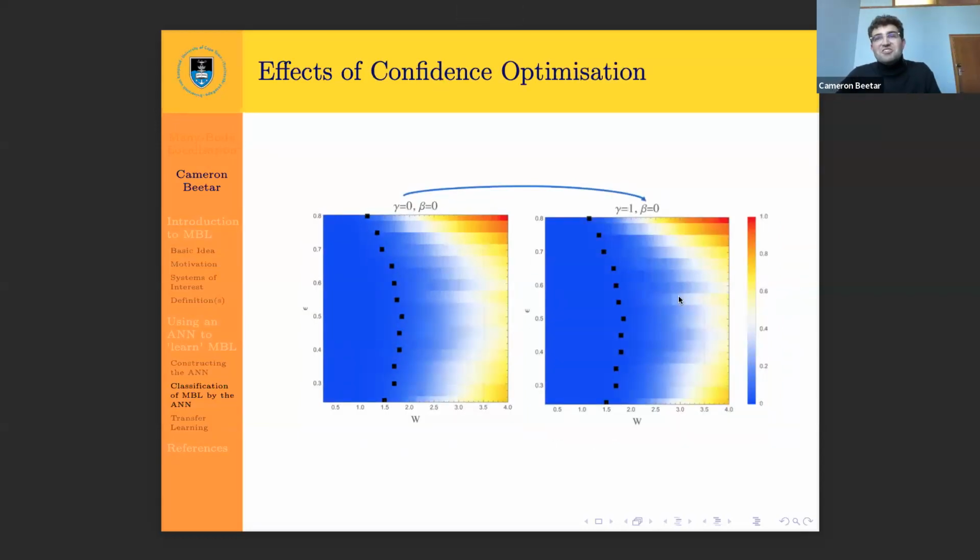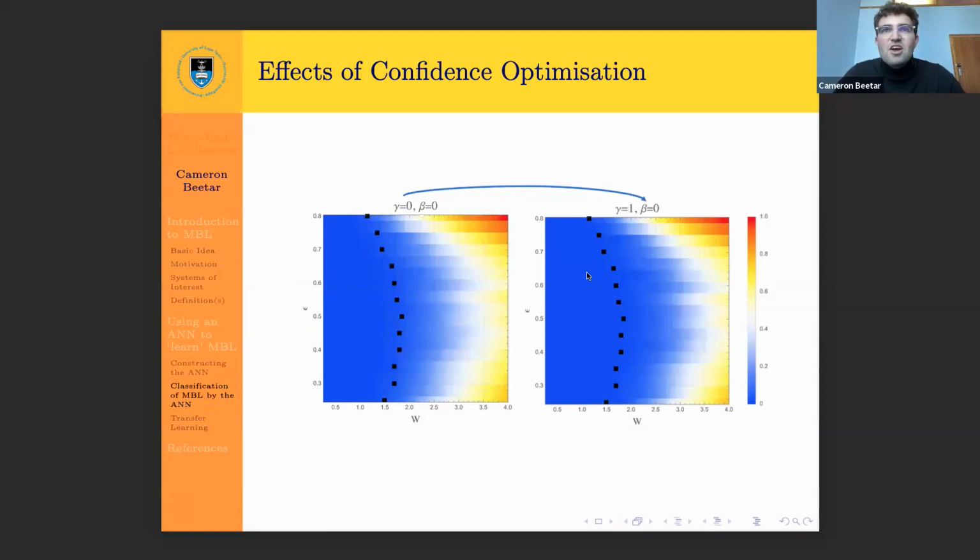And now the effects of confidence optimization. I would not blame anyone for looking at this image and thinking that there is no real benefit from confidence optimization. It certainly doesn't seem obvious to me when looking at these two images that the second image is a better approximation of the black dots than the first one.